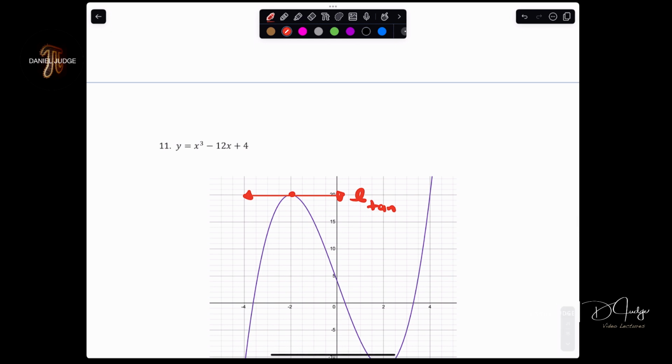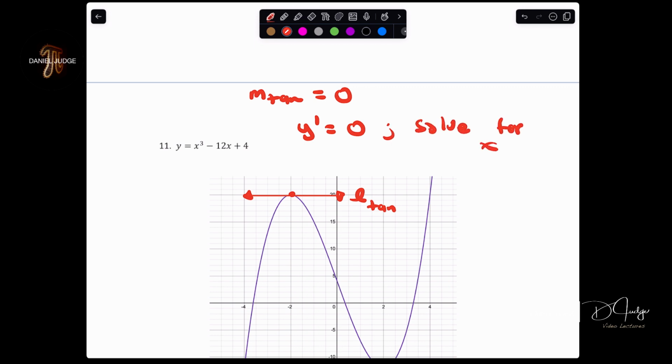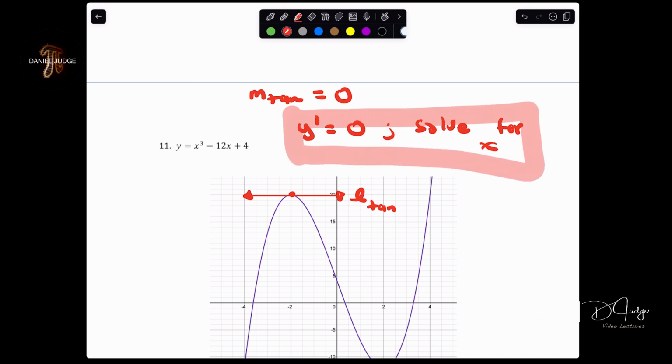So for the tangent line to be horizontal, that means your slope is 0. So I have to take the derivative of y and I solve for x. That is the deal.